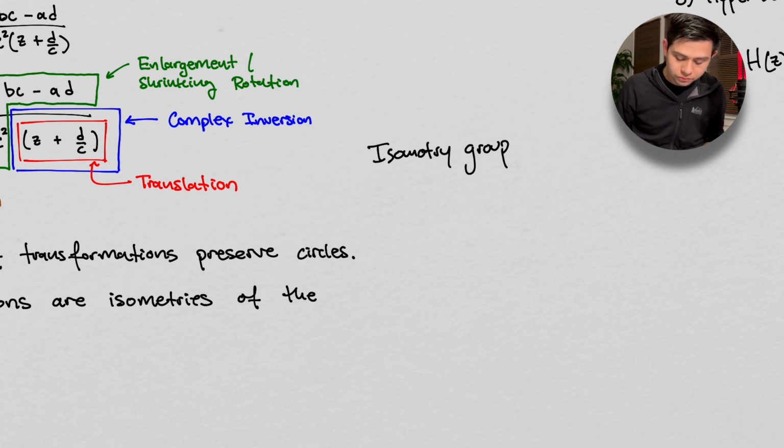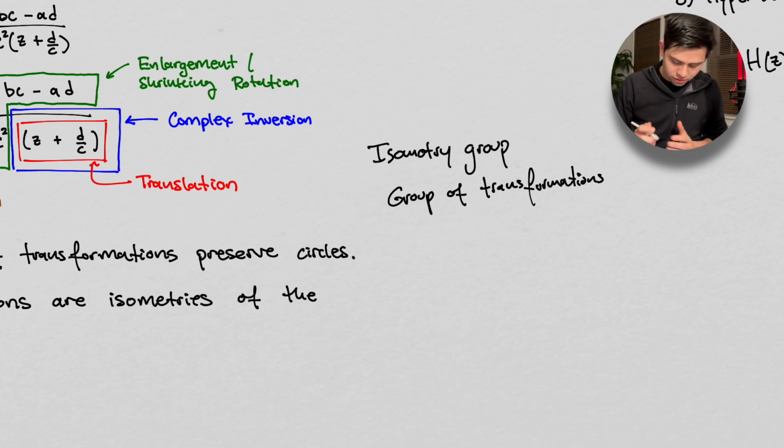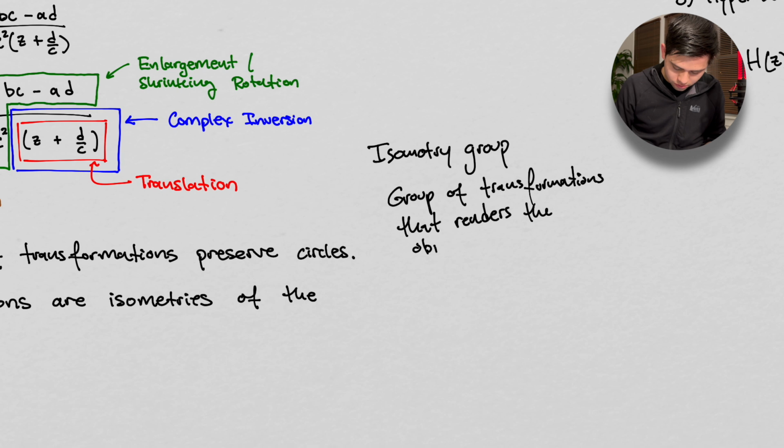An isometry group, broadly speaking, is a group of transformations that renders whatever object you're transforming unchanged.